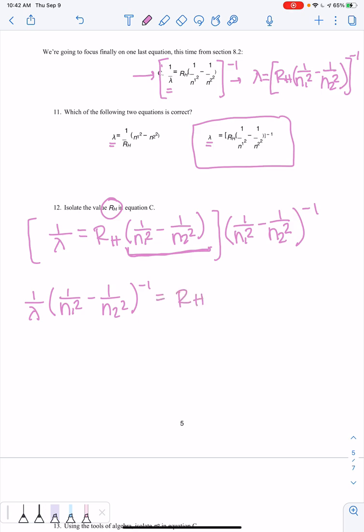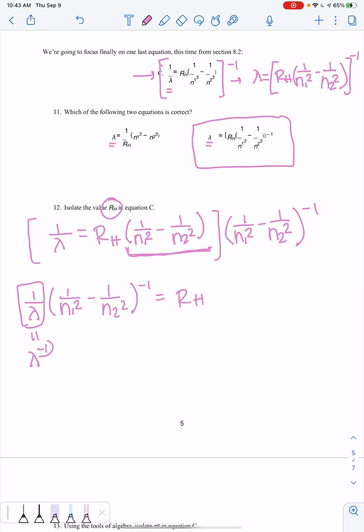And so technically we're done here, but we want this equation to be in the most compact form. To do that, we can look at this lambda term, and 1 over lambda is the same thing as writing lambda to the minus 1 power.